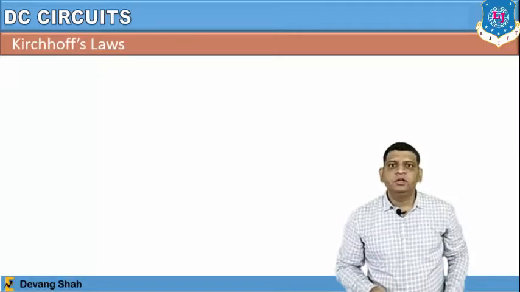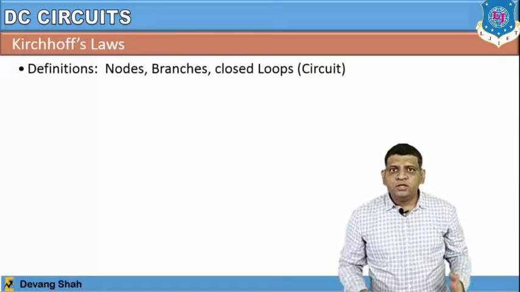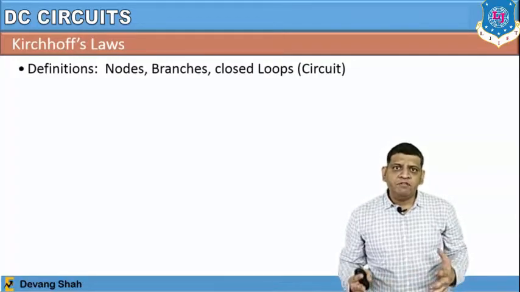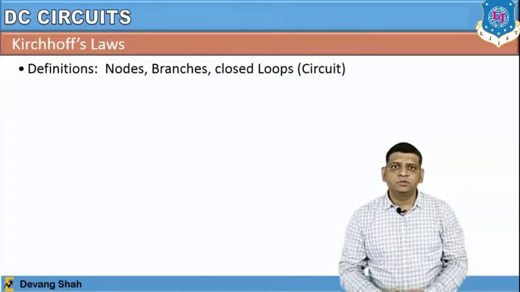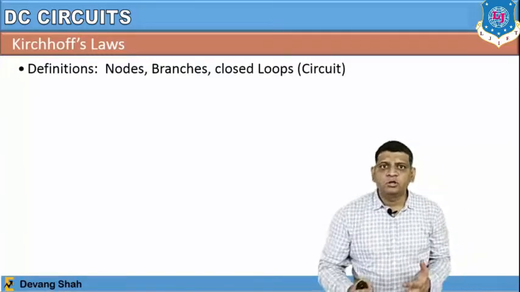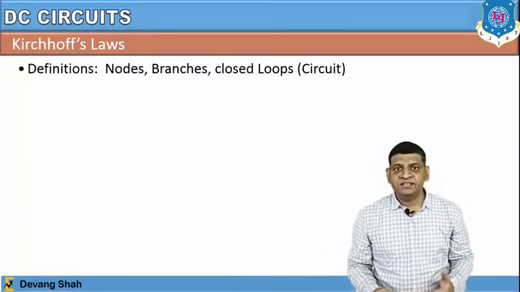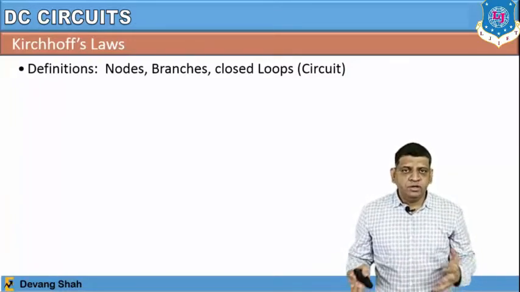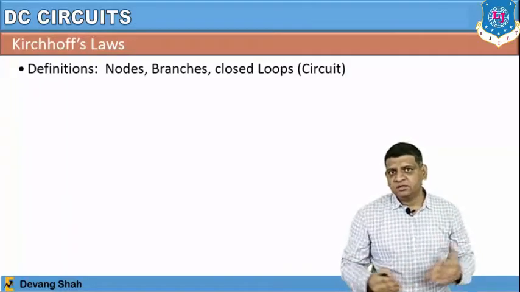First we need to understand the components of circuit design. Why are we learning all these topics? Because we want to design an electrical circuit for a desired output, right? For that we learned three basic components: resistance, inductor, and capacitor.